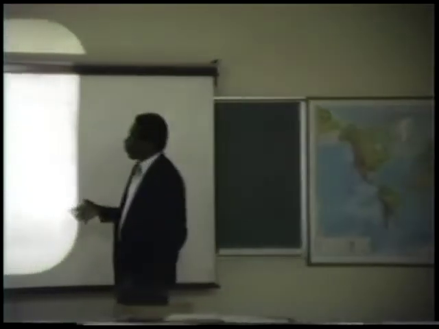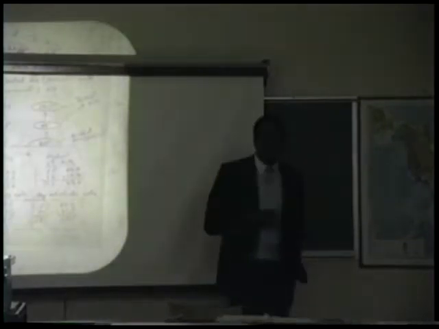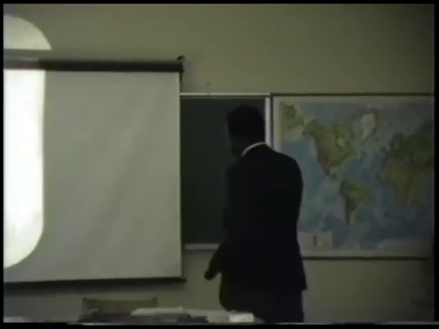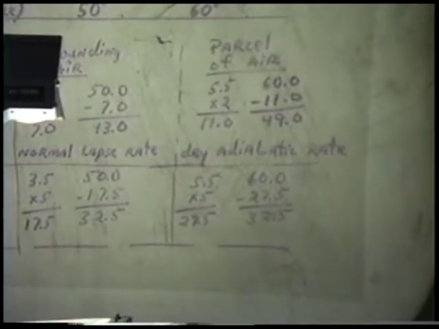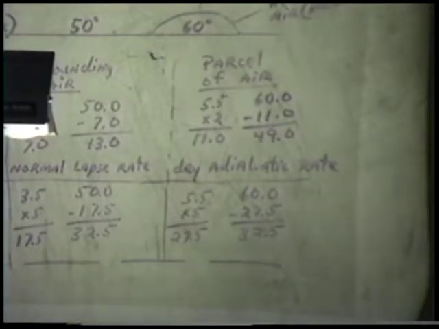And the rate at which rising air cools off is the dry adiabatic rate. The dry adiabatic rate is the rate at which dry air cools off as it rises.